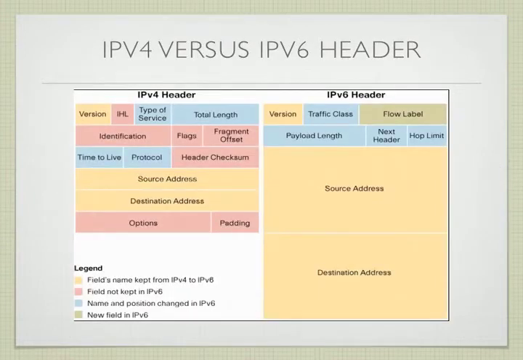So taking a look at these side by side, our IPv4 versus IPv6 header. This is color coded to show the items that have been removed in red, the items that are the same in that yellowish, and the items that have changed in blue, and the one new field, the flow label there.